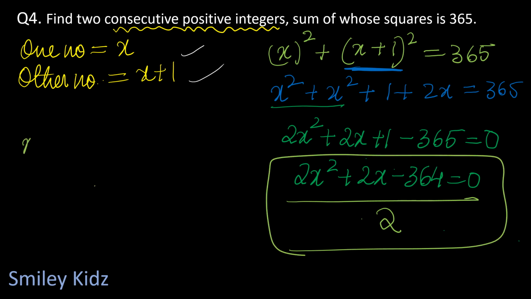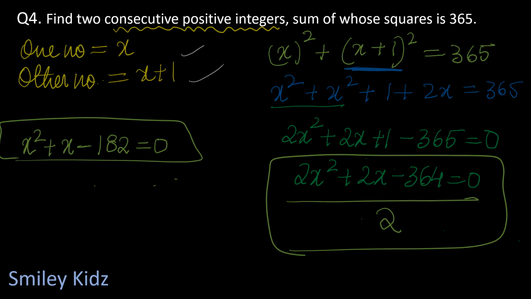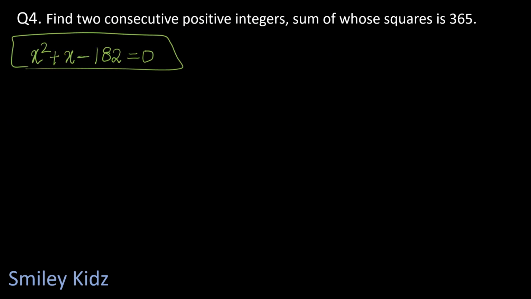So I'll get x square plus x minus 182 equals 0. This is a quadratic equation. Using the factorization method, we're going to find the roots of this quadratic equation. So here we have minus 14 into 13 as our roots.